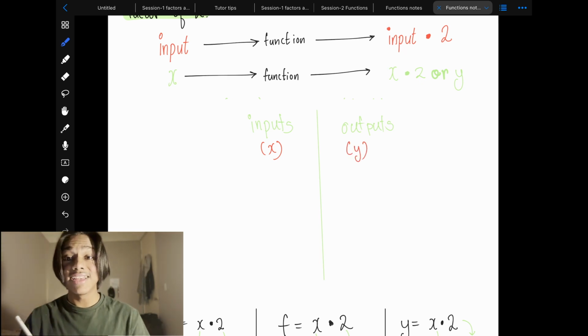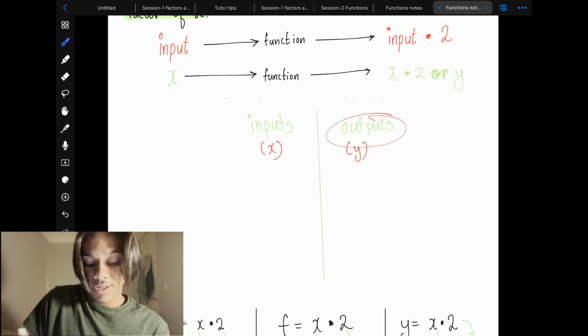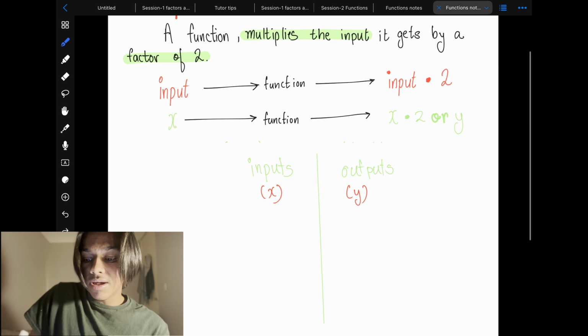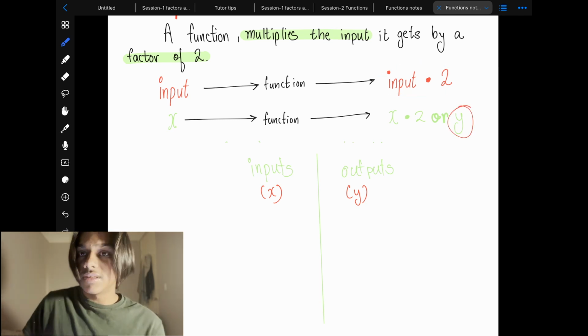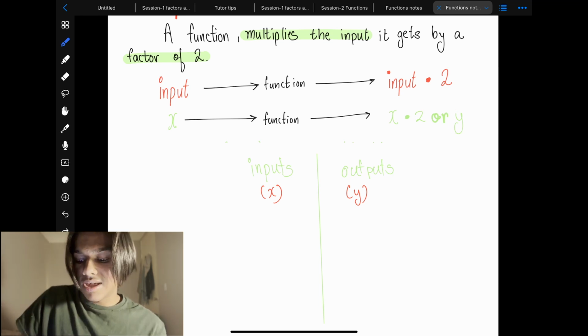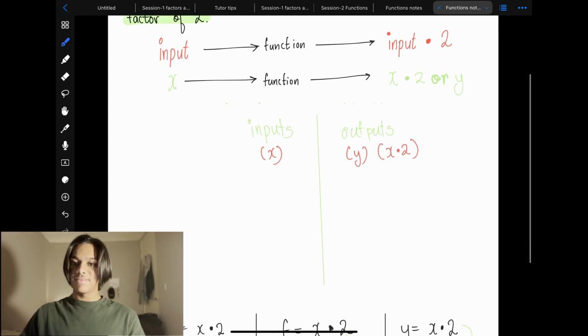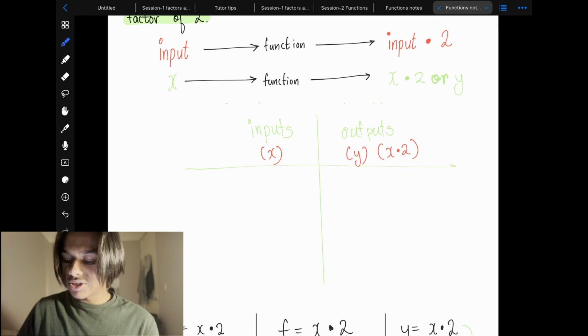And in this particular case, I know that our output is nothing but input times 2, or our y is nothing but x times 2. So I can say here that this is also x times 2, right?